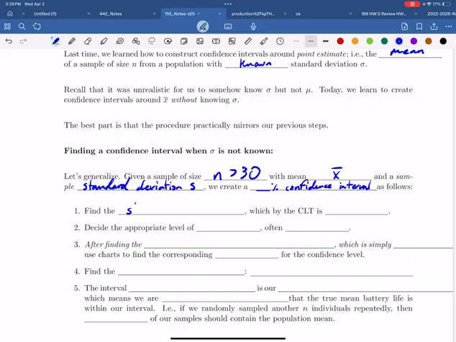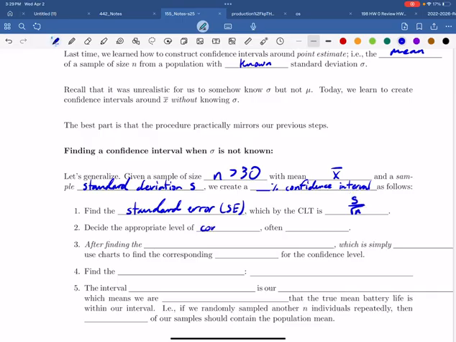First, find the standard error, which we denote SE. And it's the same thing as before, standard deviation over root n, but we're using S this time, right? Because we don't know what sigma is.